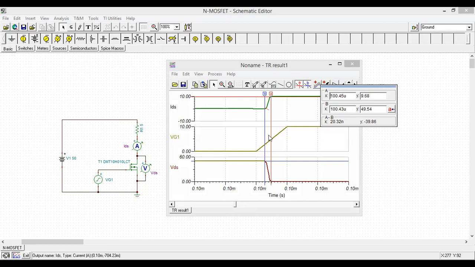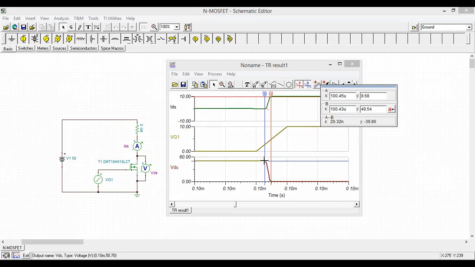So you can see during this period, there is an average voltage. The average voltage is this voltage plus this voltage divided by 2, so that is the average voltage appearing during this time. And this is the average current appearing during this time. So this value plus this turn off current divided by 2 will give you the average current.